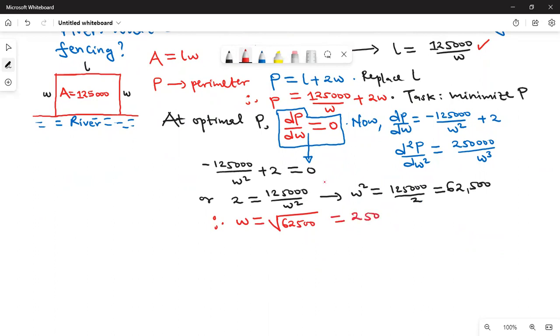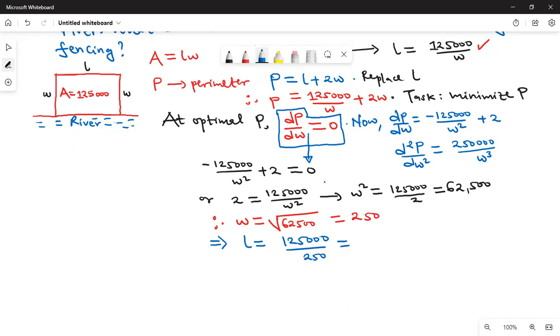What about L? Width is 250. What about the length? So we know the relation between length and width. When width is 250, it is easy for us to find the length. So this implies that our length is equal to 125,000 over W, which is 250.